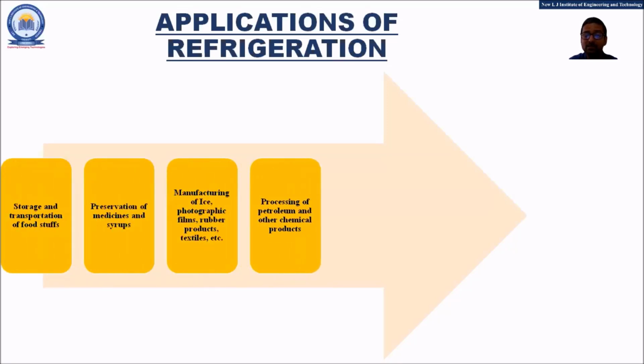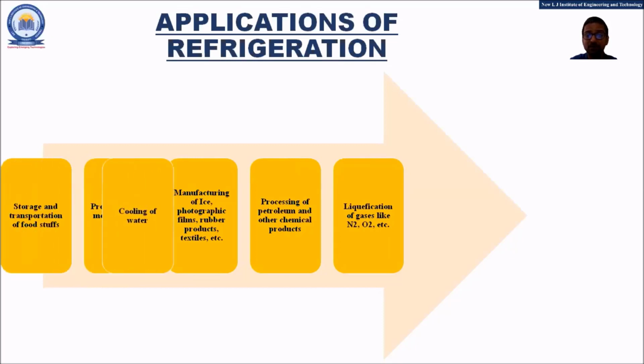The next application of refrigeration is in the processing of different petroleum as well as chemical products. The next application is in the liquefaction of gases like N2, O2, etc. For liquefying gases such as nitrogen, oxygen, hydrogen, we are using the concepts of refrigeration for the particular applications.